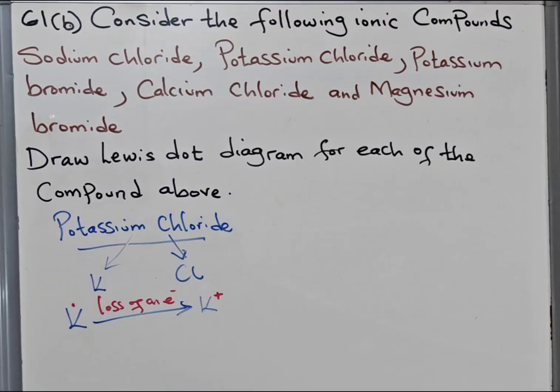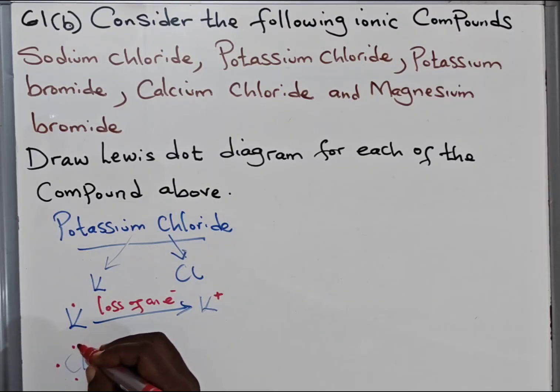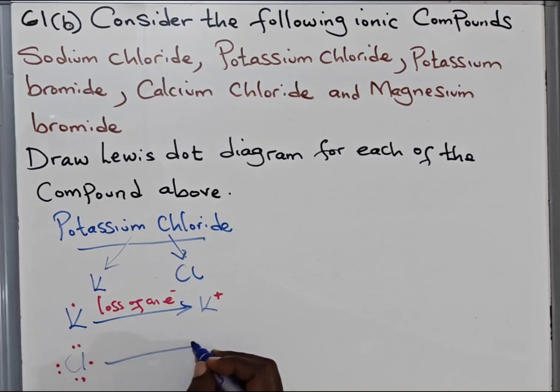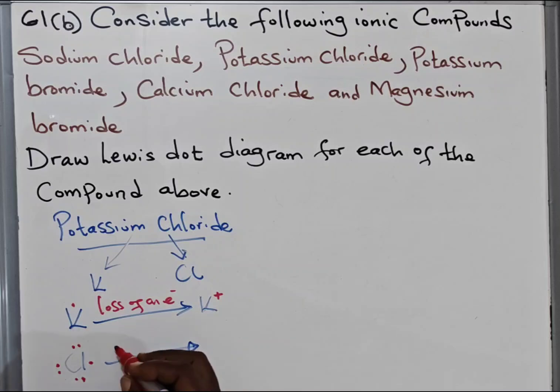Okay, next we go to chlorine. Chlorine belongs to group 17, and group 17 has 7 valence electrons around it. So we are going to have 1, 2, 3, 4, 5, 6, 7. And for this one, the best option is to gain 1 extra electron to become stable. So we can put it here, gaining an electron.